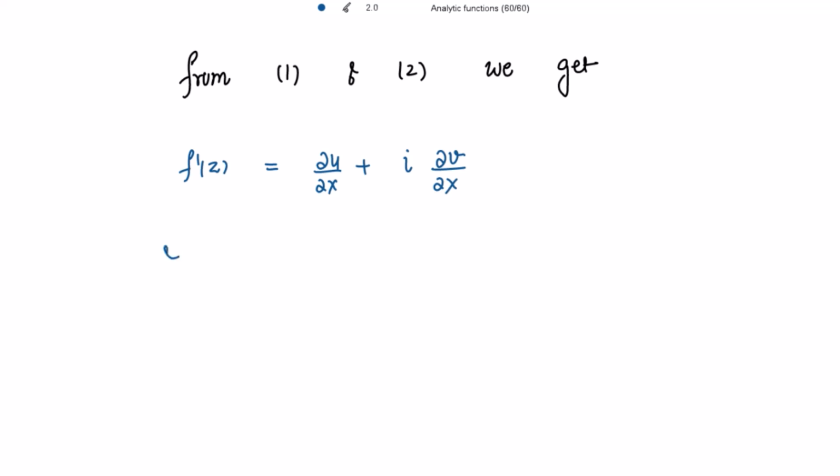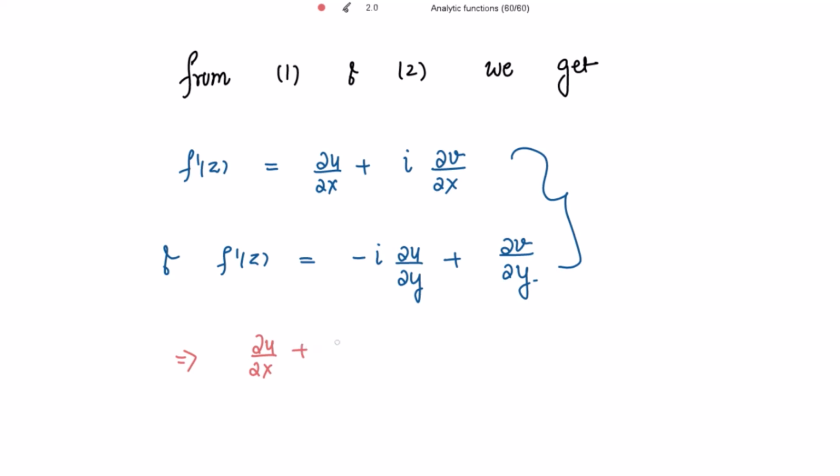So from 1 and 2 we get f'(z) equal to ∂u/∂x + i ∂v/∂x, and f'(z) equal to -i ∂u/∂y + ∂v/∂y. So these two are equal. This implies ∂u/∂x + i ∂v/∂x is equal to -i ∂u/∂y + ∂v/∂y.